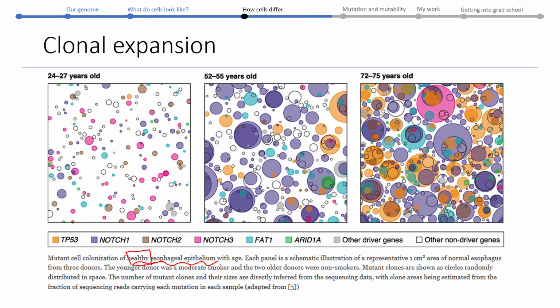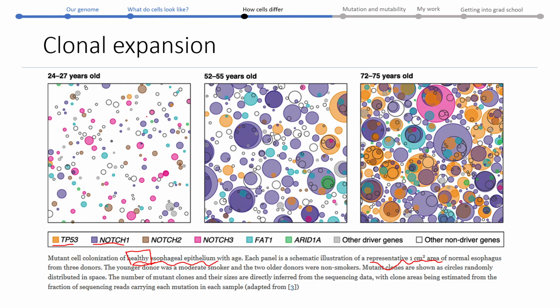Each of these squares represents about a square centimeter of normal esophagus tissue. And what's pictured here in these circles are different types of mutations in the genes pictured here. So an orange cell has a mutation in the TP53 gene, and over here we see cells that have mutations in the Notch3 gene.